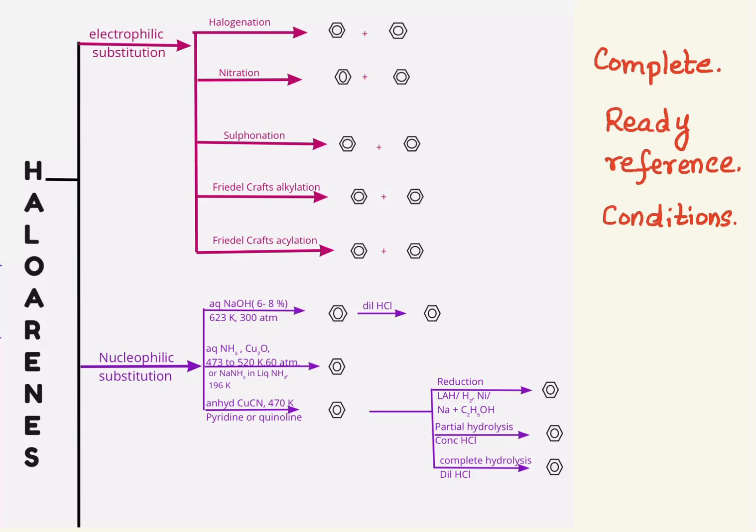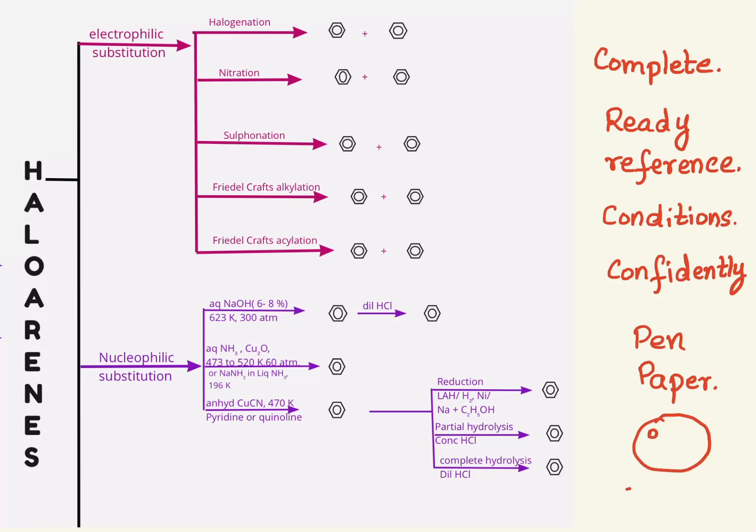By the third day, you will be able to write the reactions. But if you want to be able to write the reactions confidently, and when I say write, then boss, you need pen and paper. There is no other alternative. So make sure that you practice your reactions as frequently as you can in order to gain confidence in the topic.